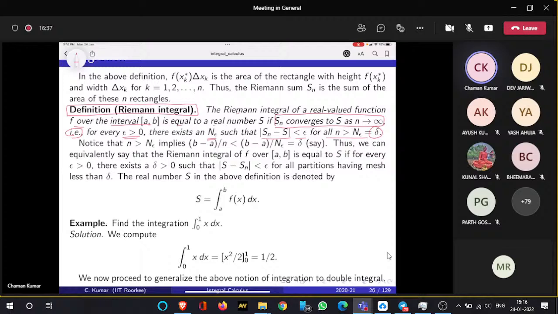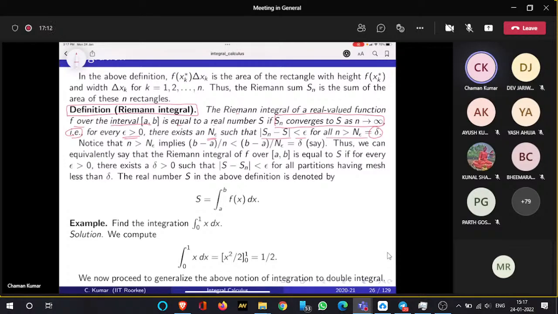So what is the meaning of Sn converges to S? For every epsilon strictly greater than 0, there exists a delta, or you can say n epsilon, such that the distance between Sn and S is less than epsilon whenever n is greater than delta or n epsilon.